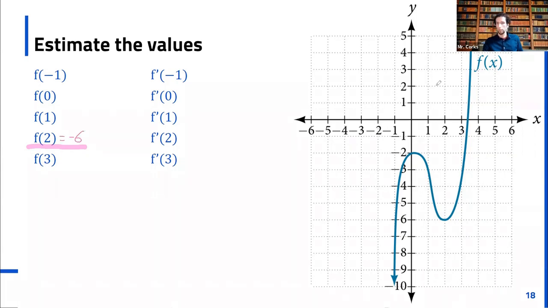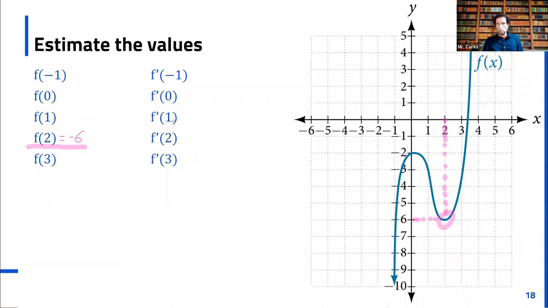Okay, so to be very clear how we're getting that. F of 2 means that x value is 2. So x value at 2 here. And we're just looking down. And okay, here is the point where x is equal to 2. And just look over. What's the y value? Looks like it's right about -6.